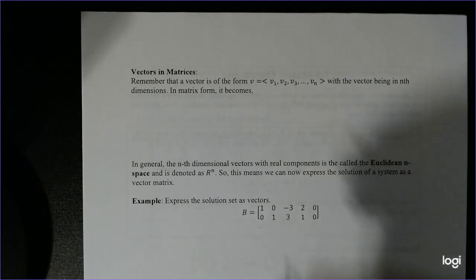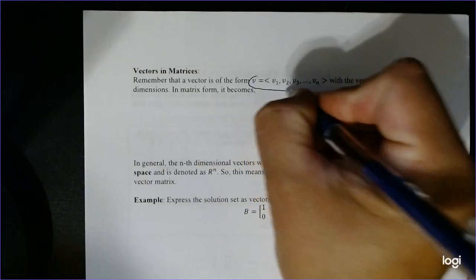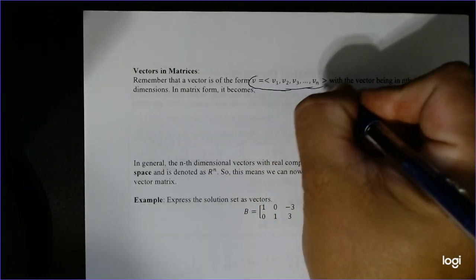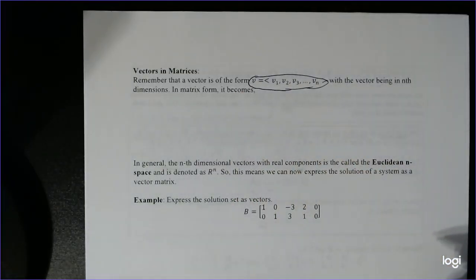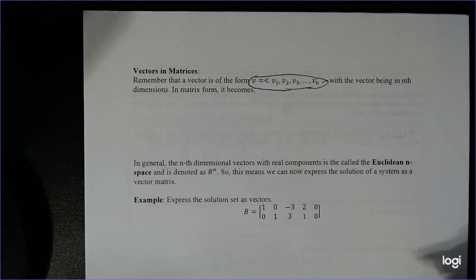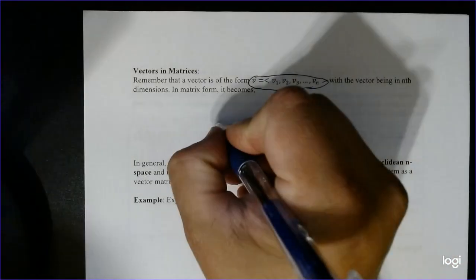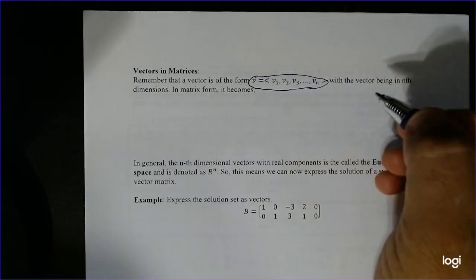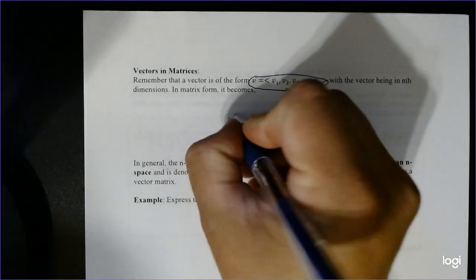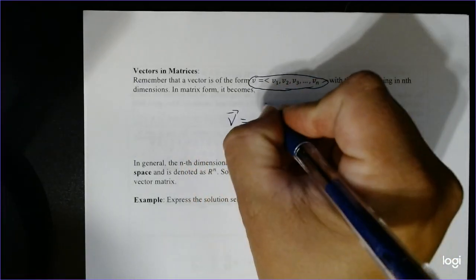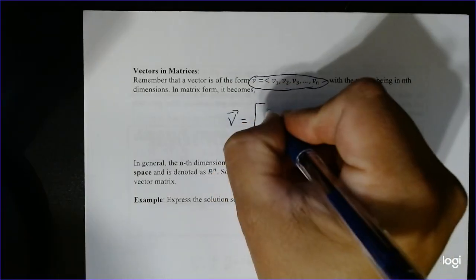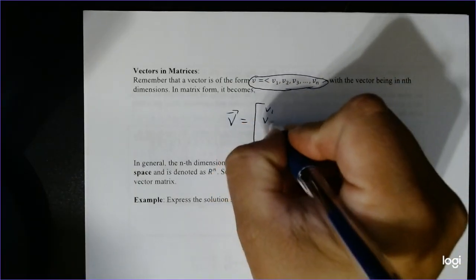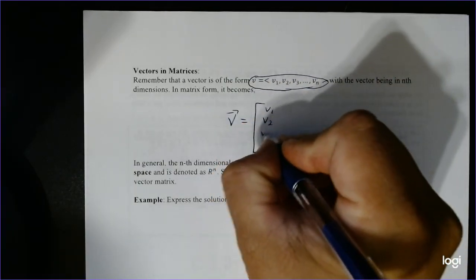So let's suppose we have this vector here. This being an nth dimensional vector, we can create a matrix using this vector being a 1 by n matrix, or n by 1 matrix. So this vector v is going to look like this. Instead of going this way, we're going down. So it just becomes a column matrix.